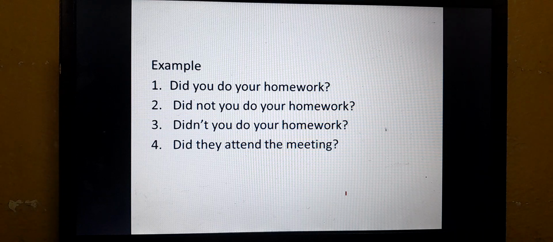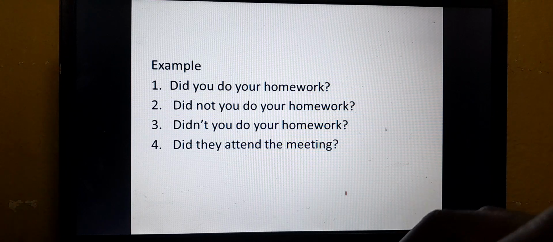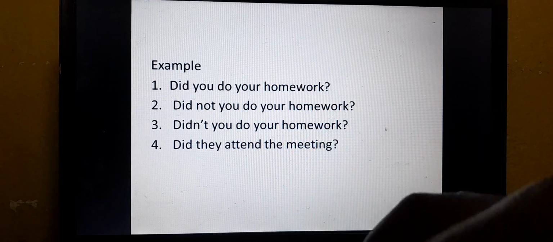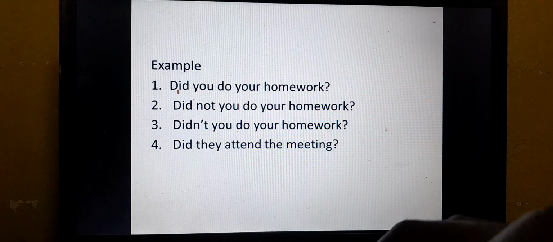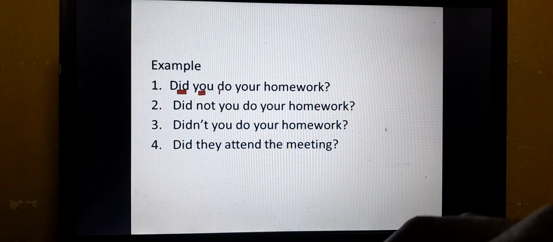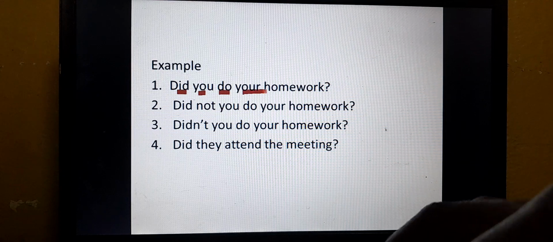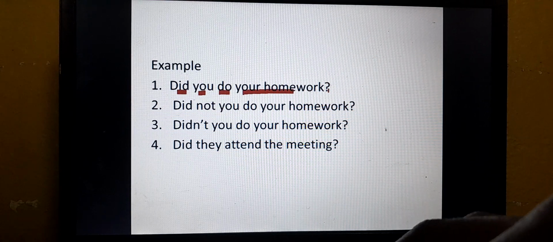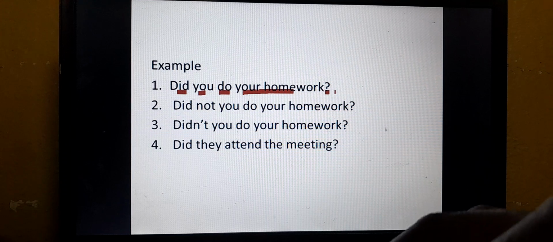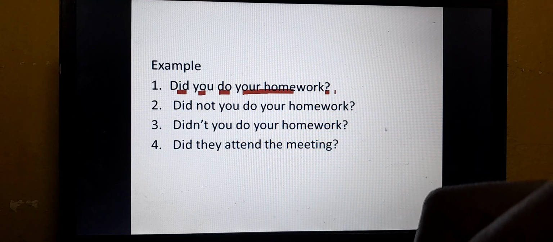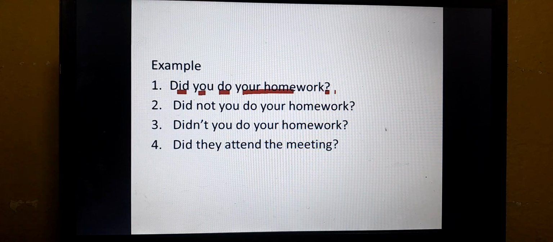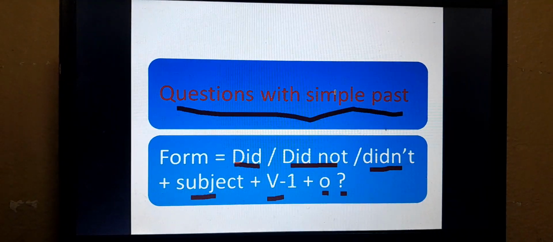The first example says, did you do your homework? Here the question word is did, past; you, subject; do, the auxiliary; your homework, an object; and lastly the question mark. So the example sentence has been constructed based on the structure presented here.